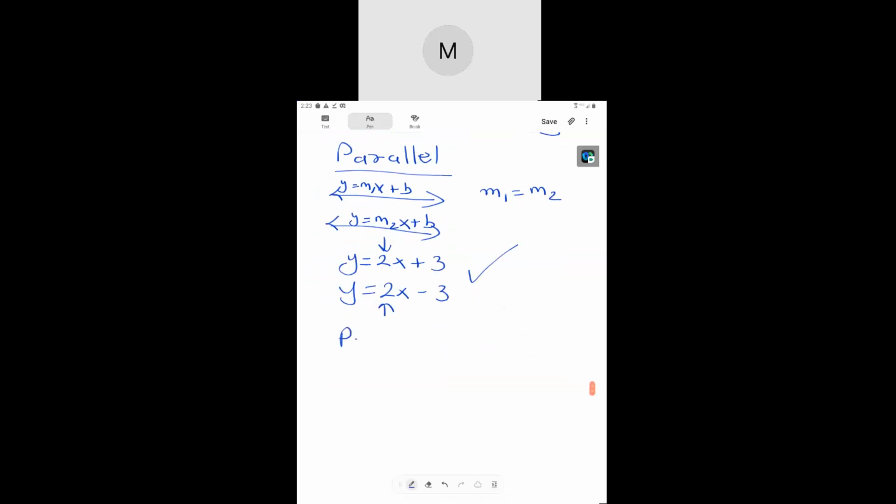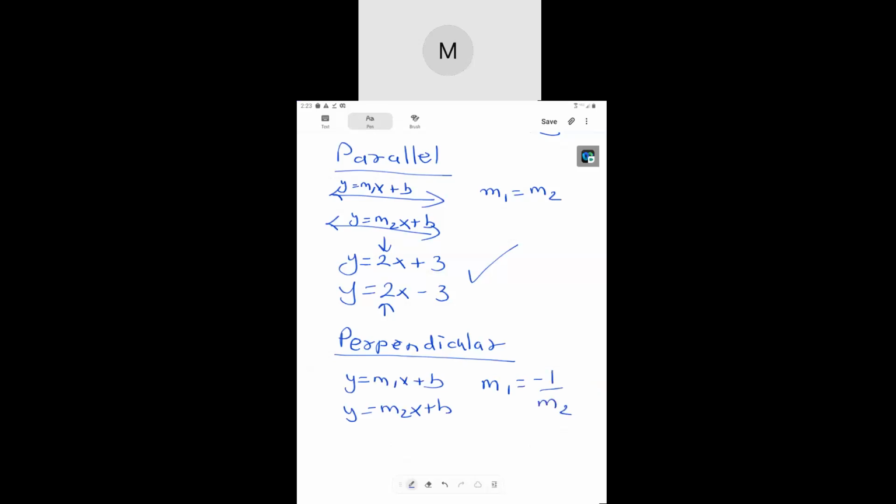Similarly, we have perpendicular lines. Here, y is equal to m1x plus b and y is equal to m2x plus b. The important property here is m1 is equal to negative 1 over m2.